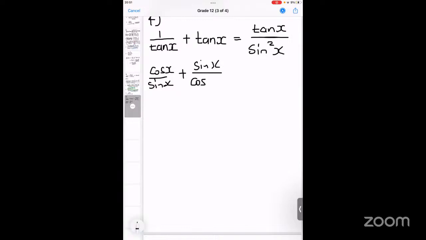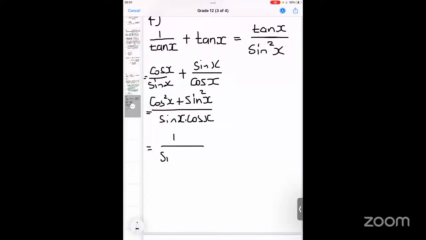Then I will be having, let's say, sine x times cos x, and then there I have cos squared x, that you plus with sine squared x. You agree there? Yes, sir. That was my final step, sir. Then it means I have 1 over that. Do you agree? Yes, sir. Okay.